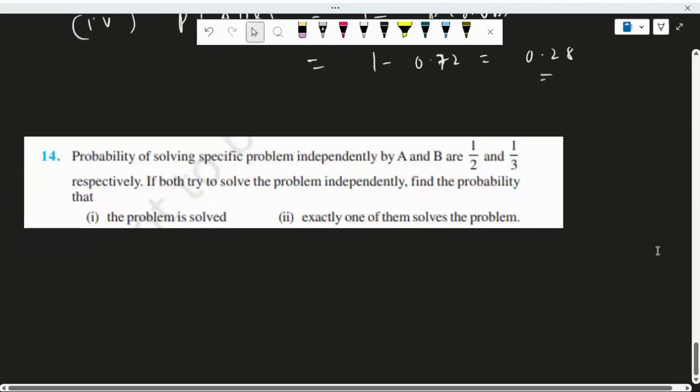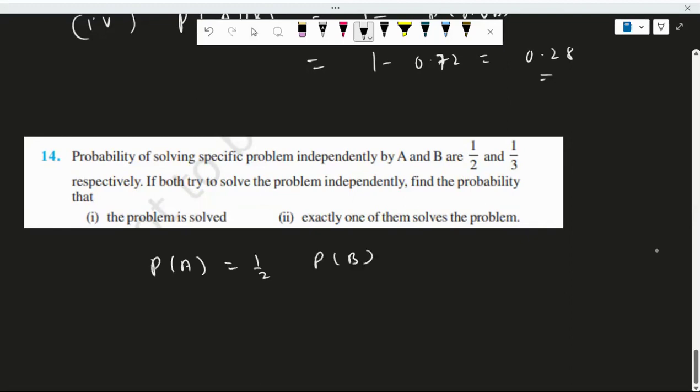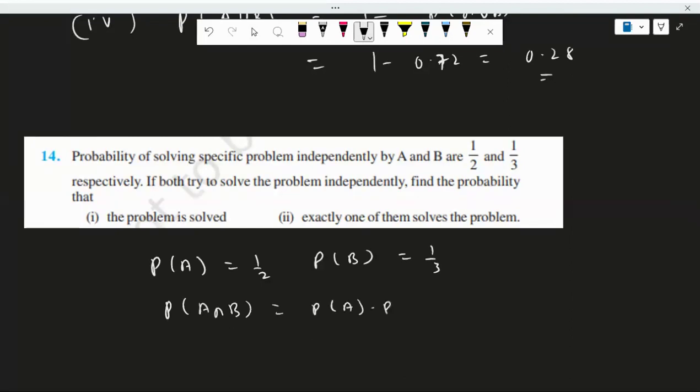Probability of solving a specific problem independently by A and B are 1/2 and 1/3 respectively. P(A) is 1/2, P(B) is 1/3, and P(A intersection B) is P(A) into P(B), that is 1/2 times 1/3, which is 1/6.